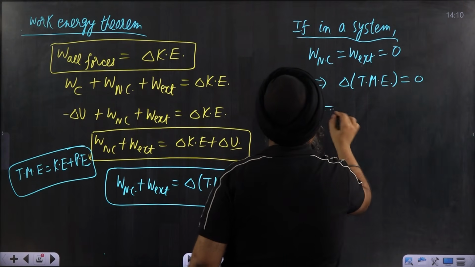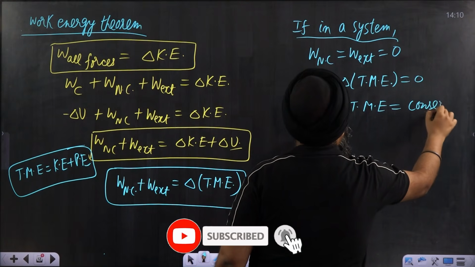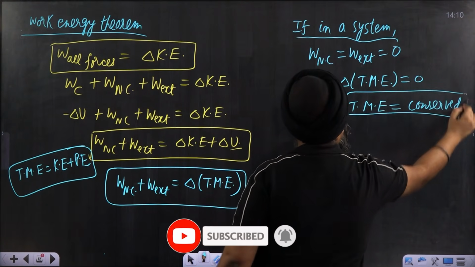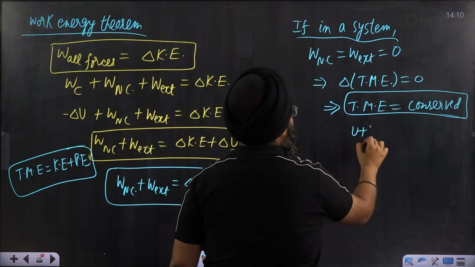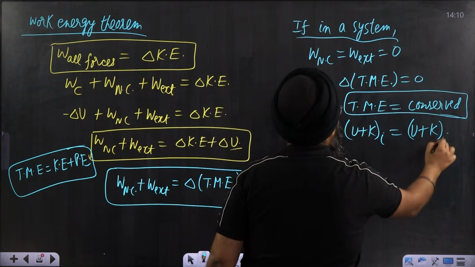That means I can say that total mechanical energy will be conserved. Very important statement. And total mechanical energy was U plus K, so U plus K initial will be equal to U plus K final.